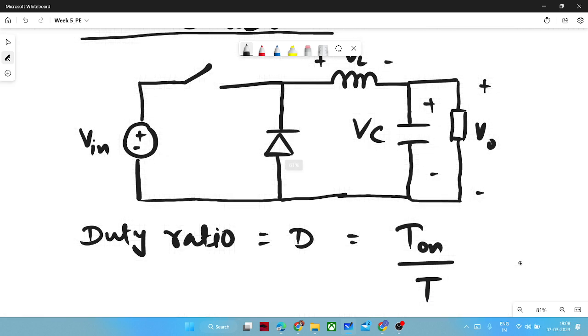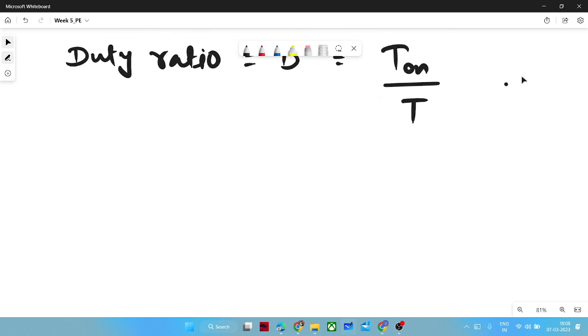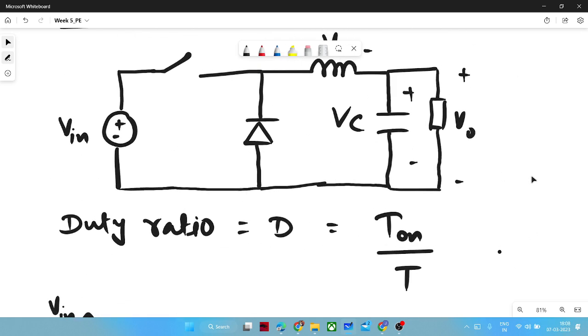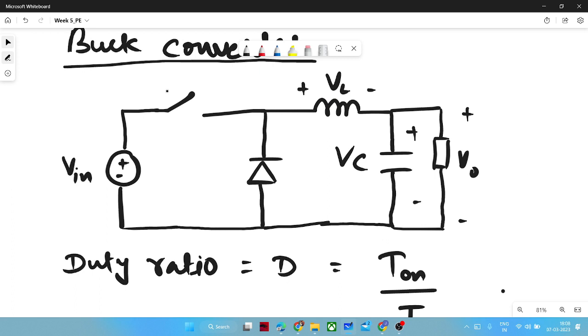Let me draw some graphs so that we will get better understanding. So let us suppose you have supplied DC voltage. You have constant DC voltage. Okay, now this switch will get turned on and turned off quite frequently, right?